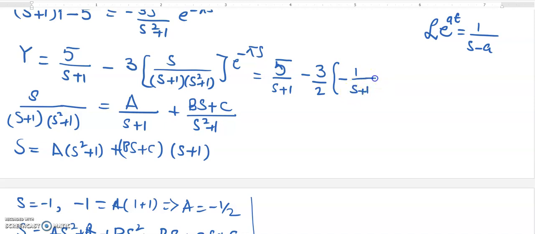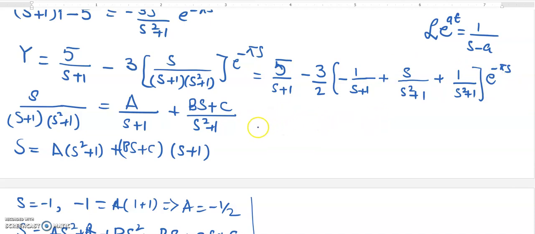The next one is Bs plus C, so we can write it as s over s square plus 1 because B was 1 by 2, and plus C is also 1 by 2. Everything is being multiplied by e power minus pi s.